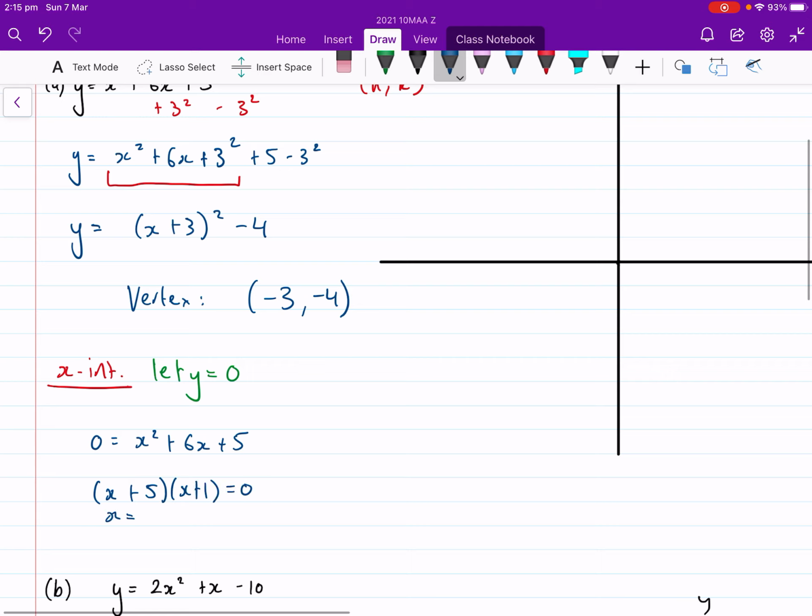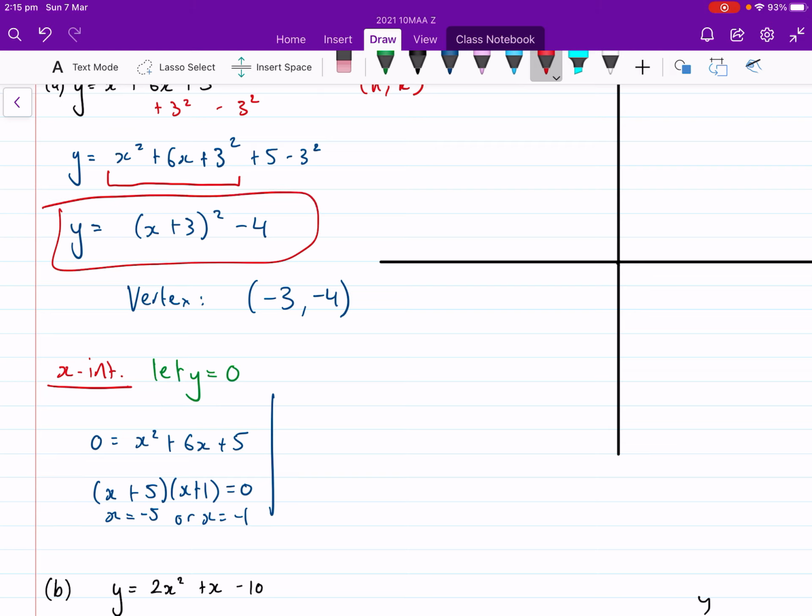So I could see x is equal to minus 5 or x is equal to minus 1. However, because I'm trying to work mainly in this form, there's another way to do this. If I let y equal 0 in that form, I have 0 is equal to (x plus 3) all squared minus 4, and I solve it this way.